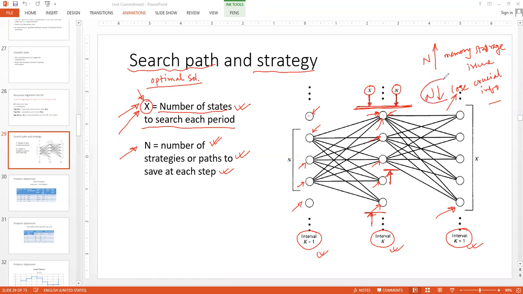That means if N is too small, then you might end up with a position where you cannot progress any further with your solution. No feasible states are available further if N is too small.